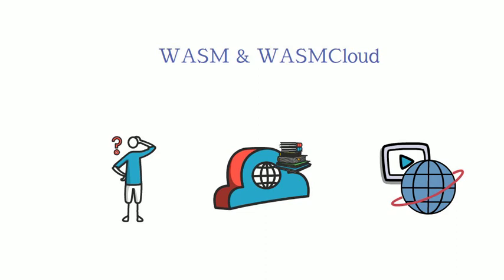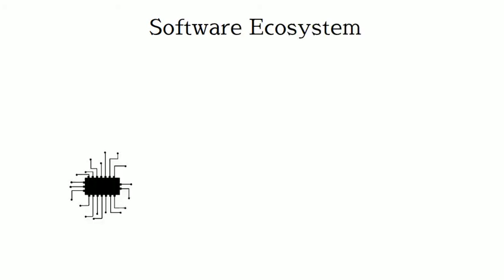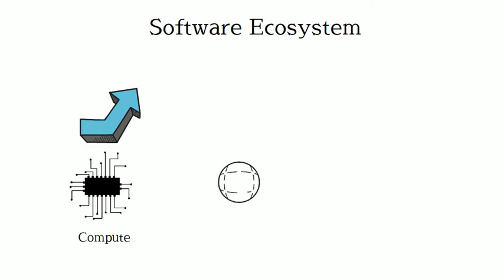To fully appreciate WASM's role in the technology landscape, let's step back a little to see how software development has evolved. You'll see that CPU and hardware have improved at a mind-boggling rate. Think about Moore's Law. If you look at the infrastructure, that has also improved tremendously.